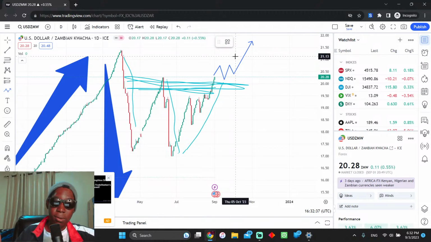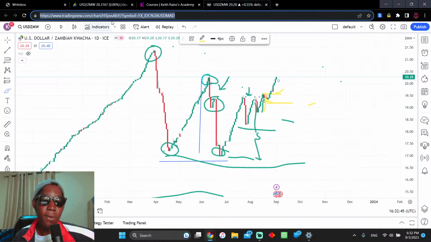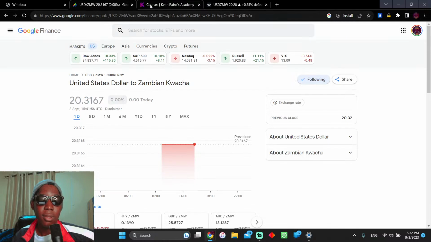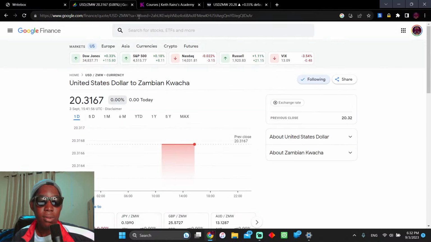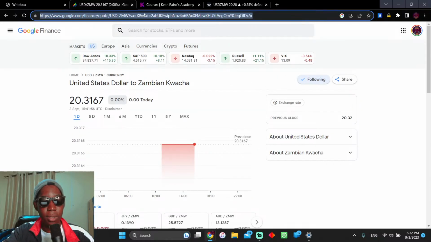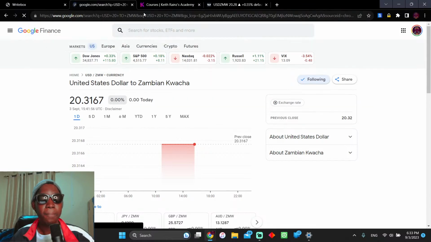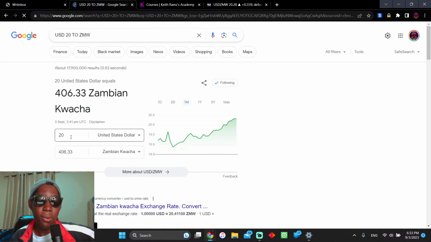But not for forex traders and anyone who makes money in dollars, because when you convert this money into kwacha, it actually becomes a lot. So as of now, for example, USD 20 to ZMW: $20 is just 400 kwacha.